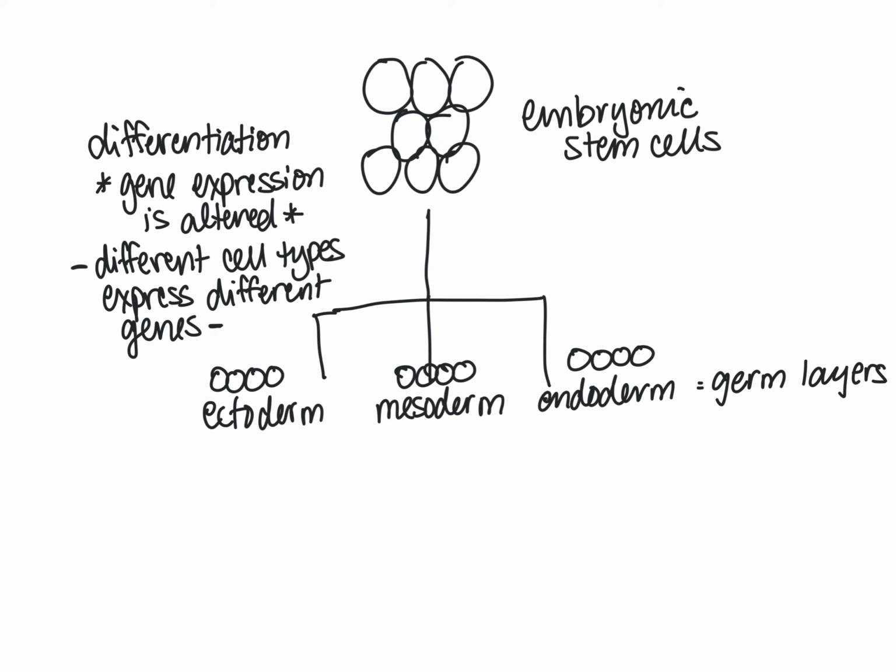So for example, the ectoderm is going to start developing into things like skin cells or the nervous system. The mesoderm is going to turn into things like the blood and muscles.